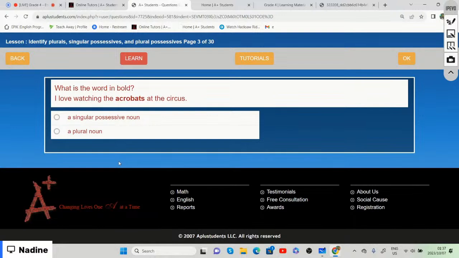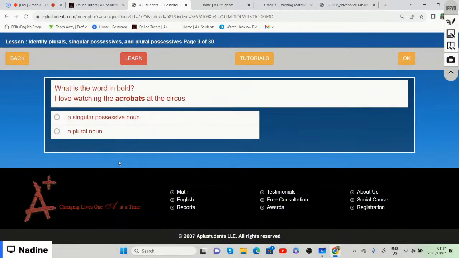Remember, if it's a possessive noun, whether it is a singular possessive noun or a plural possessive noun, it needs to have an apostrophe and an S, or an apostrophe. If it does not have an apostrophe, then it is just a plural noun.